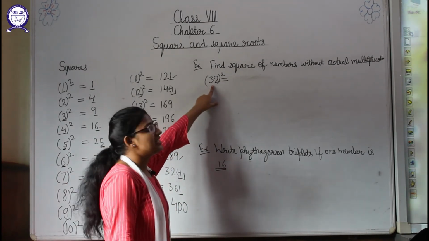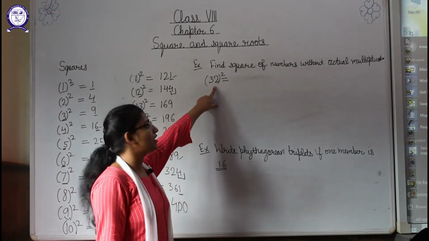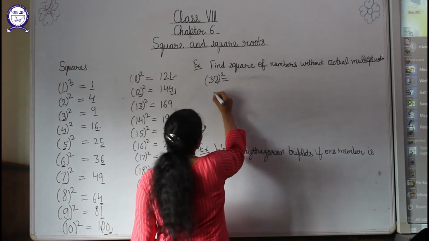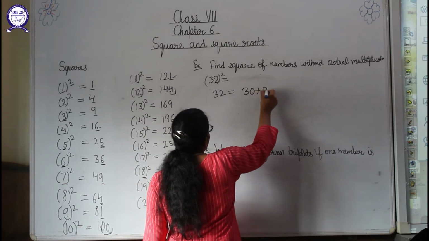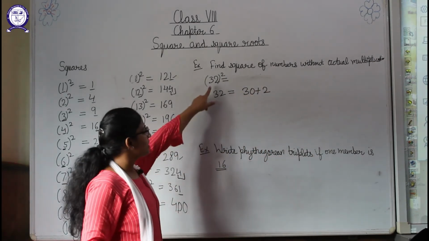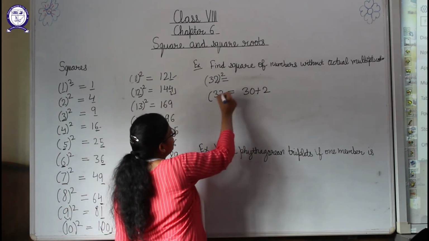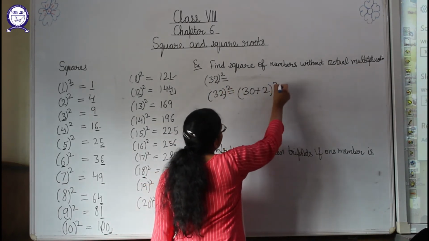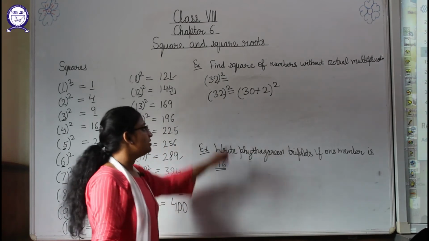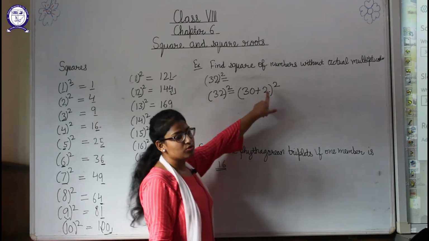We will write 32 as 30 plus 2. Okay, 32 can be written as 30 plus 2, and as we have to do the square of 32, we write 30 plus 2 whole square.